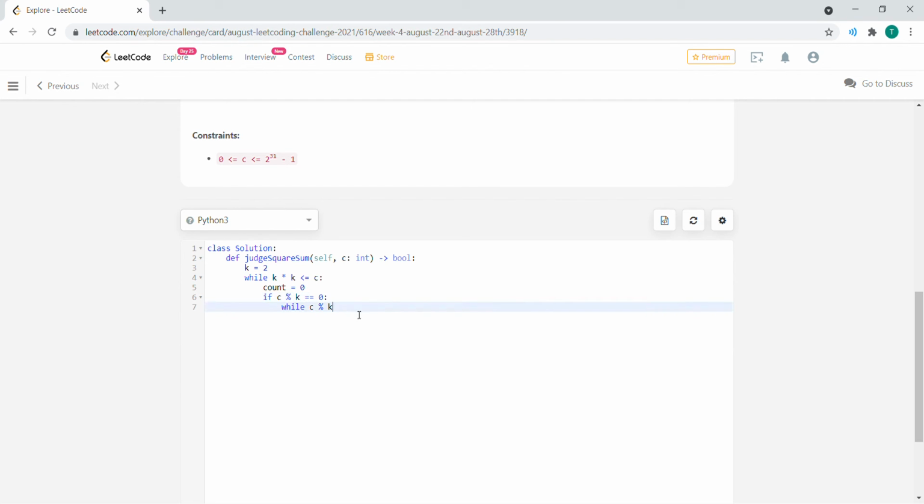Then we want to accumulate the exponent of the prime factors. So we want to increment our count, how many times that occurs, and we want to divide c by k. Okay, all right, so remember that.